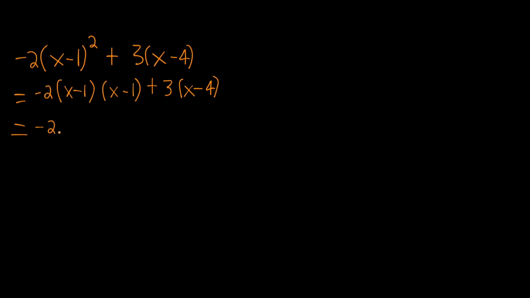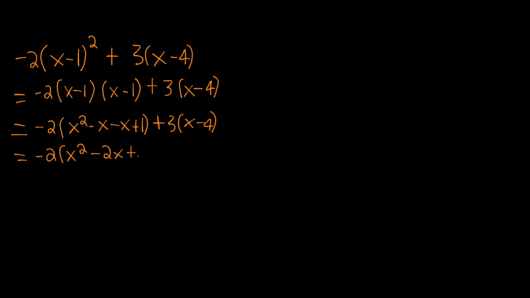So that's going to give me negative 2(x squared minus x minus x plus 1) plus 3(x minus 4), which is going to give me negative 2(x squared minus 2x plus 1) plus 3(x minus 4).